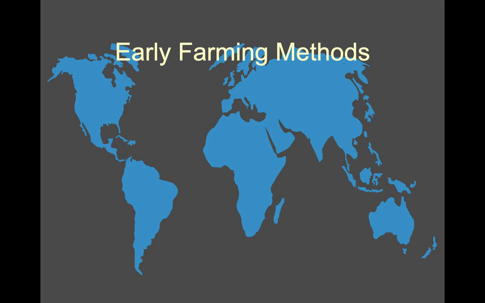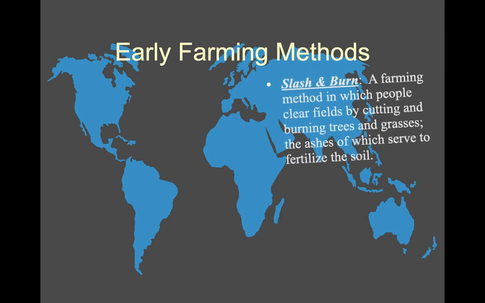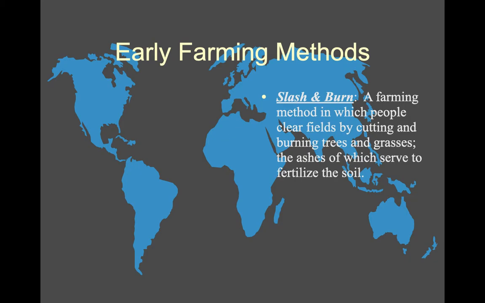So, really quickly, let's talk about early farming methods, because as people started to settle down and become farmers, they had their own ways of doing things, and they had to develop these through trial and error. One of the ways that early farmers would clear fields is through the slash and burn method.